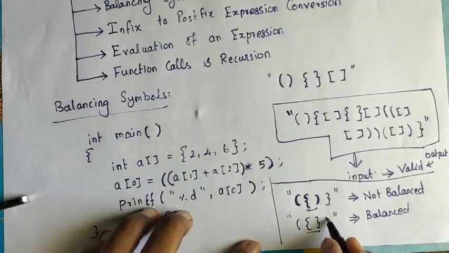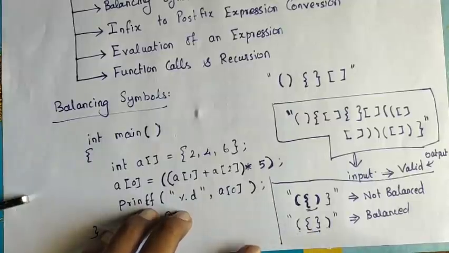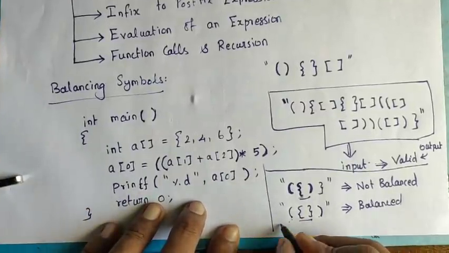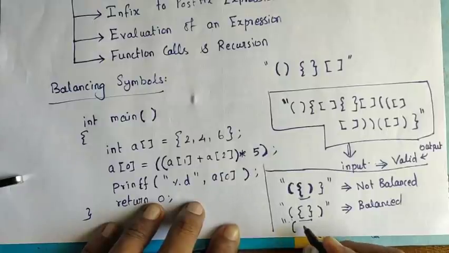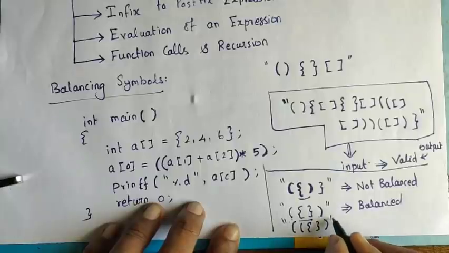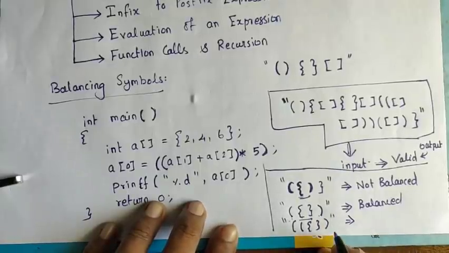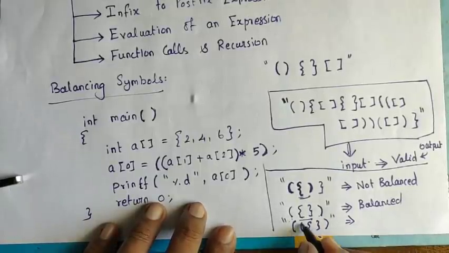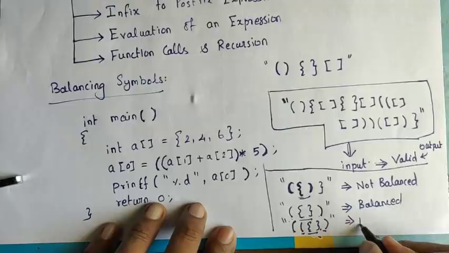Next, again opening symbols get balanced, so this is also balanced. Suppose you write like this: open, and then braces and braces, so this gets balanced, and this gets balanced, but one unbalanced opening symbol is still there, so this is not balanced.